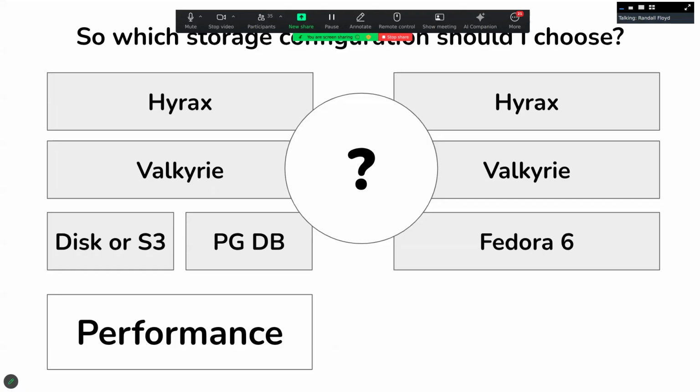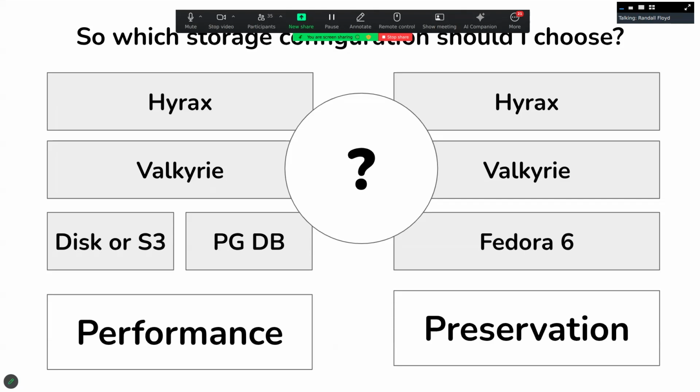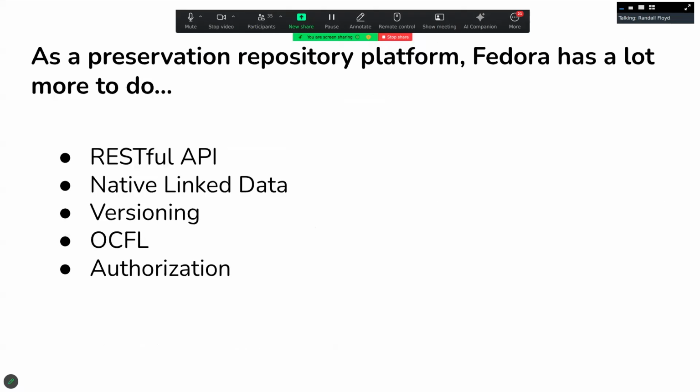On the flip side of that, if you're using Fedora 6 under Hyrax, even if you're just treating it like a black box, because Fedora 6 is a true preservation platform, you're getting preservation built in. And so this immediately sets up a question of you're having to explain to people that one is really good at performance and the other gives you a true preservation repository. But obviously, logically, one of those is going to be more performant than the other.